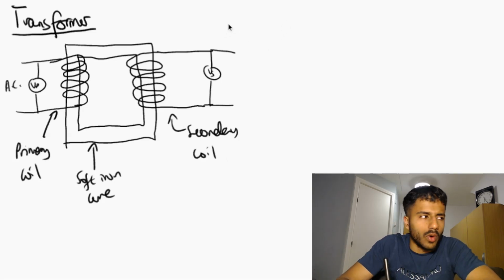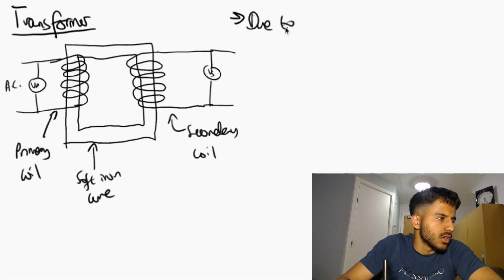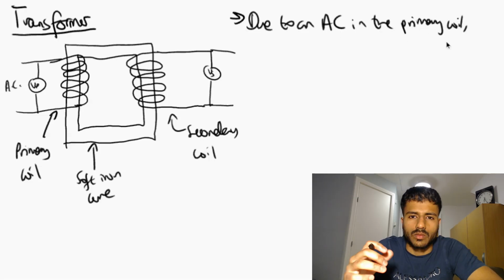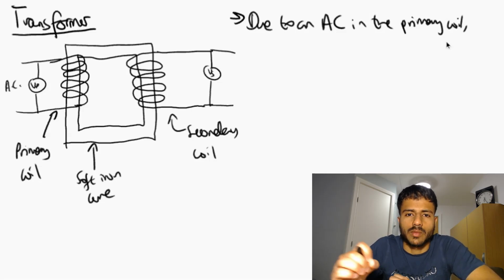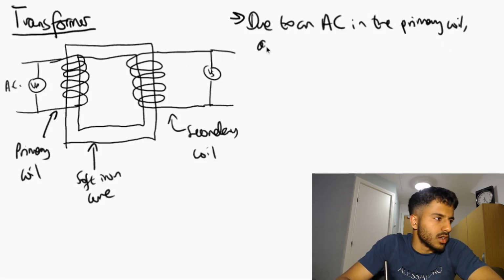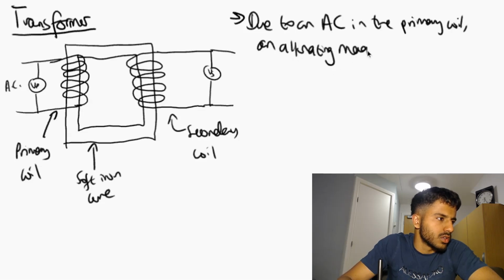Now how does a transformer work? Well, due to an alternating current in the primary coil, and because we know that any current induces a magnetic field, an alternating magnetic field will get induced.